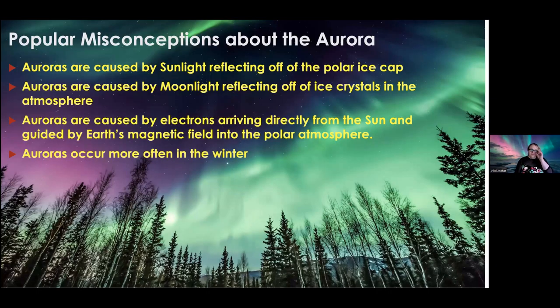So, have you heard any misconceptions of the auroras? There are some on the screen. Some believe that sunlight reflects off the polar ice cap. Someone thinks that the moonlight reflects off ice crystals in the atmosphere. Some believe that it is caused by electrons that arrive directly from the sun, and those electrons just enter the magnetic field, and the aurora is shown. It's much more than that.